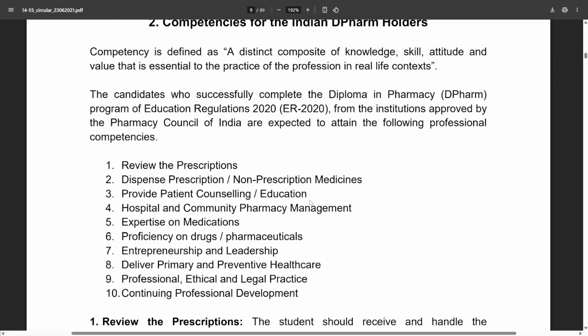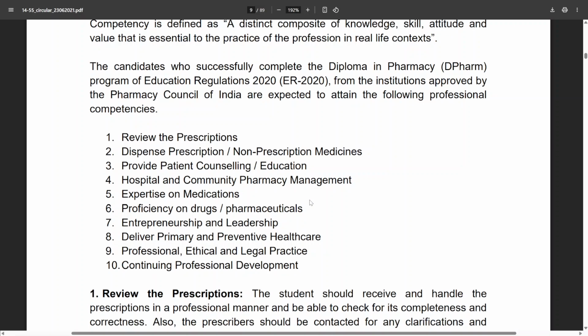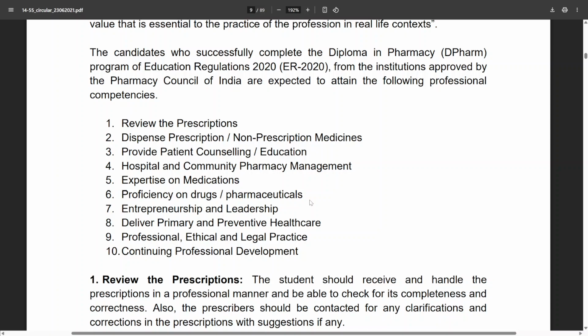Second, dispense the prescription and non-prescription medicines as well. Provide patient counseling education. Hospital and community pharmacy management. Expertise on medication. Definitely you must be an expert. Proficiency on drug and pharmaceuticals. Entrepreneurship and leadership skills. Deliver primary and preventive health care.